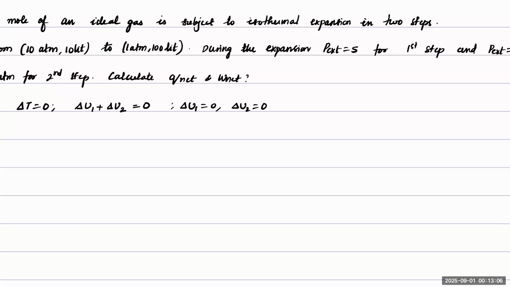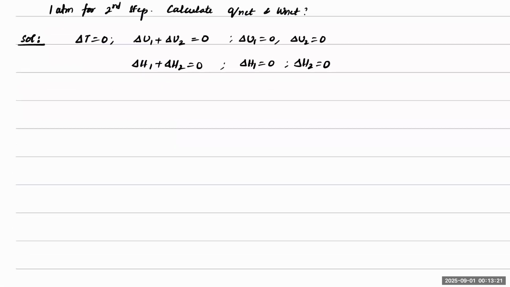Same way delta H1 plus delta H2 is 0, implying that delta H1 is 0 and delta H2 is also 0, because it is remaining isothermal all the way.